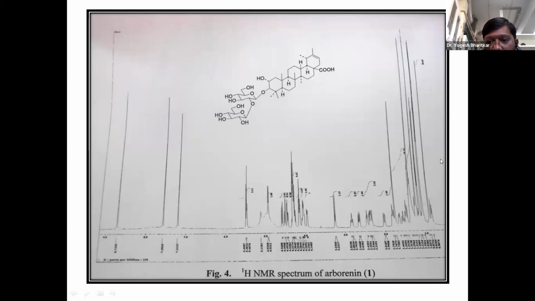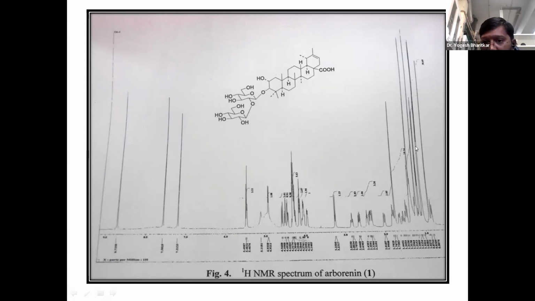In the flavonoid and flavonoid glycoside case, we have to do NMR in DMSO or sometimes methanol. Mainly for flavonoids we have to do NMR in DMSO. Likewise, we have to choose the solvent based on the molecule structure.